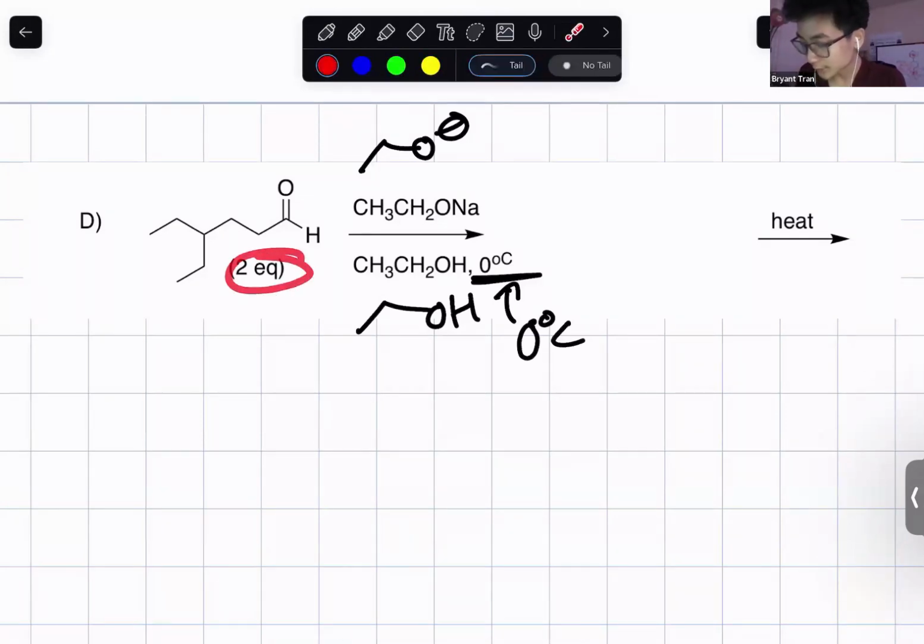Now, we have two equivalents of the aldehyde. We have a strong base as the reagent. So that means that we're going to look for the most acidic hydrogen in this molecule here. Which hydrogen would you guys say is the most acidic hydrogen we are going to grab?